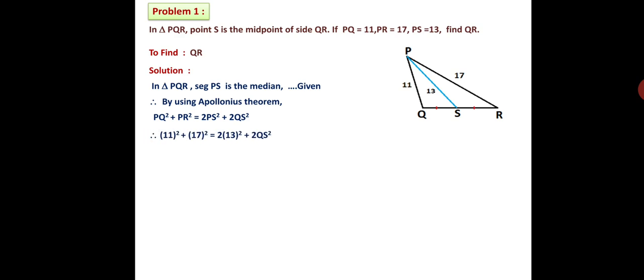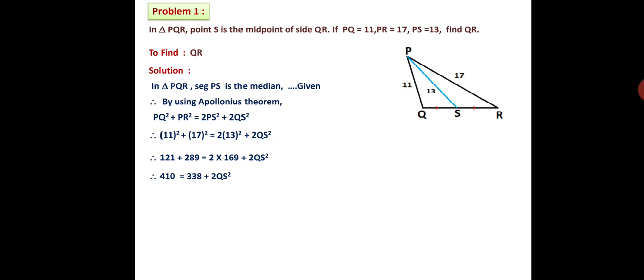Now substitute the values of PQ, PR and PS. Therefore, you are getting 11 square plus 17 square is equal to 2 into 13 square plus 2QS square. Squaring all the terms, you are getting 121 plus 289 is equal to 2 into 169 plus 2QS square. Therefore, the addition on the left hand side is 410, which is equal to 2 into 169 is 338 plus 2QS square as it is.